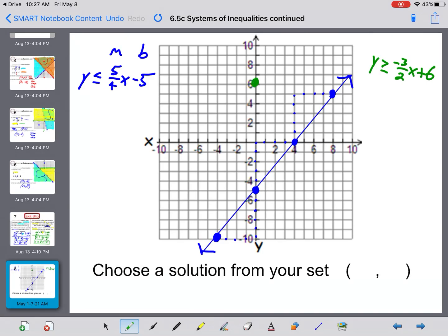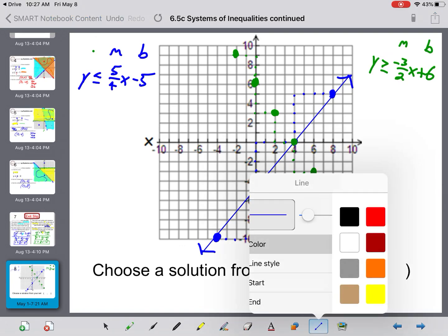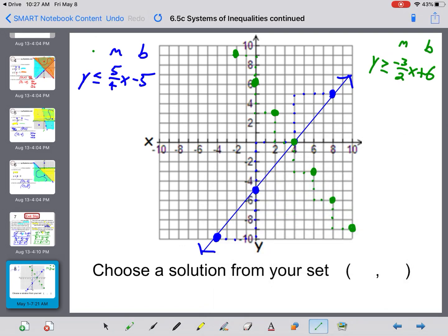For your green inequality, you're going to start at a positive 6, and your slope tells you to go down 3 and to the right 2. Greater than or equal to, again, means a solid line.